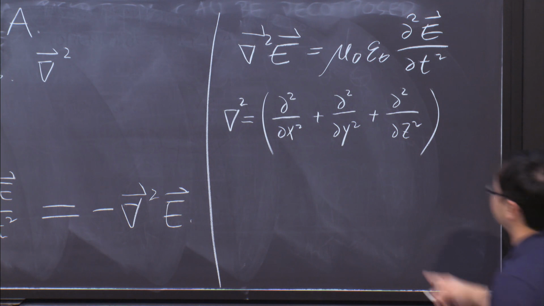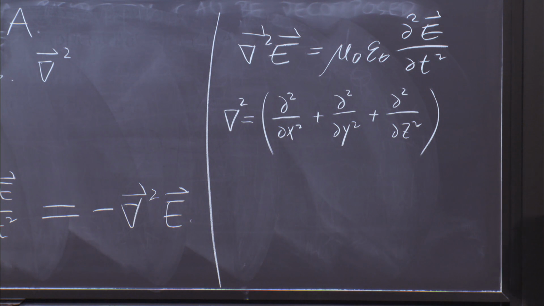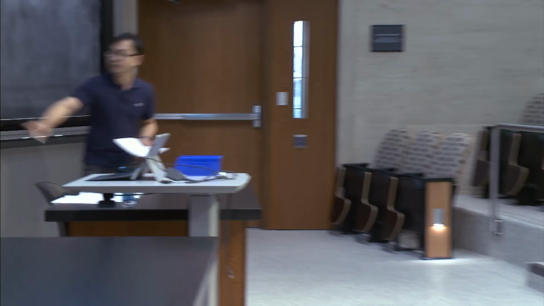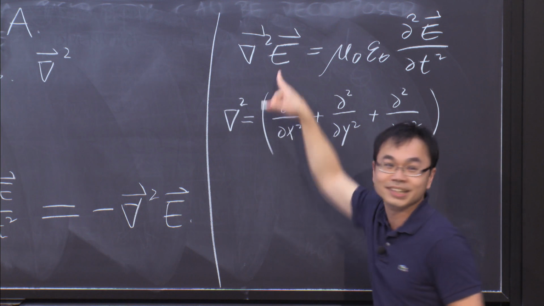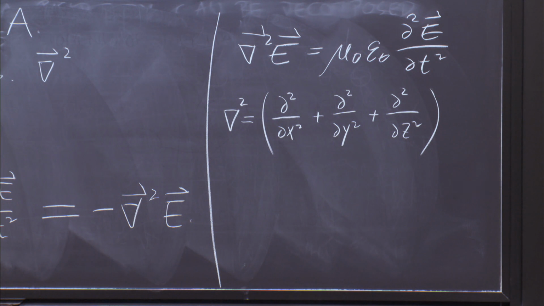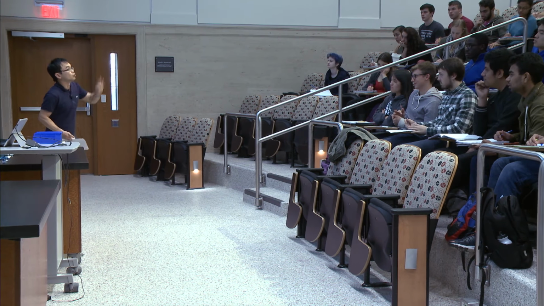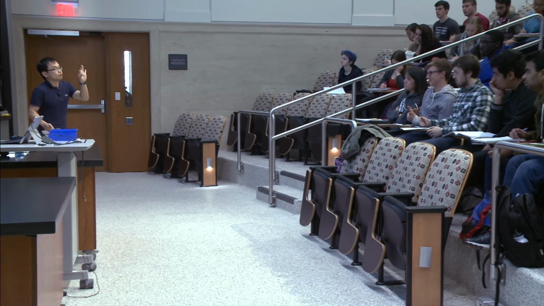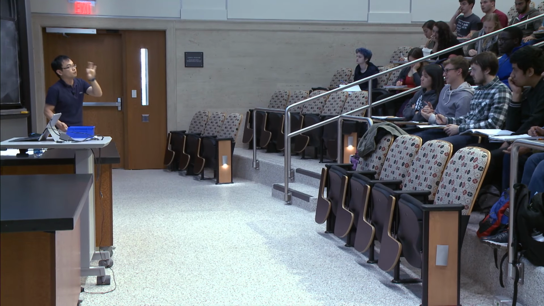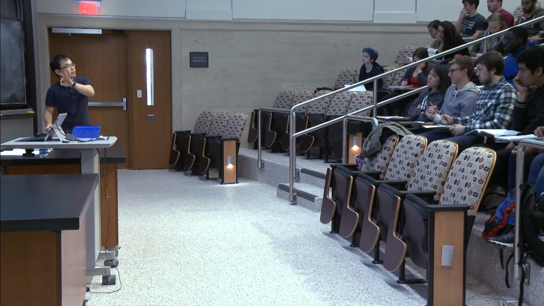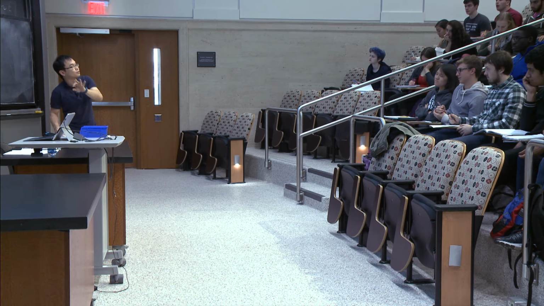And if you do this calculation, how many terms will you have? If you do this del square E, how many terms will you have? Anybody can help me? 3 terms? Yeah, but you have 3 terms in x direction, 3 terms in y direction, 3 terms in z direction. Therefore, how many terms?